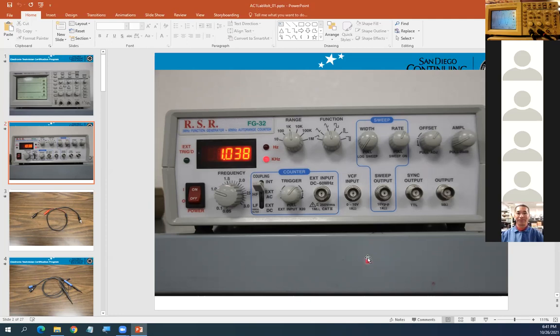Something else we don't care about for now here. Okay? When you turn the amplitude counterclockwise down to the end, basically you see the signal coming out is 300 millivolt peak to peak.